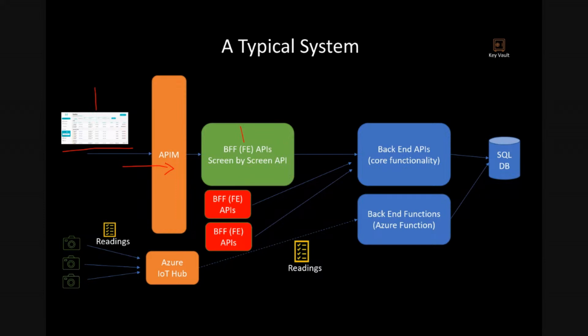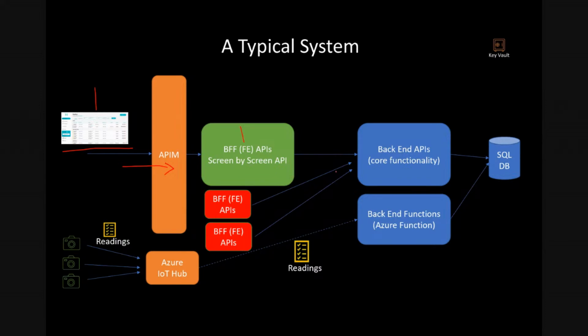And we might have other back-end for front-end APIs servicing other types of applications as well. Obviously they would all go through API management in good practice. I just didn't draw all the arrows in there.